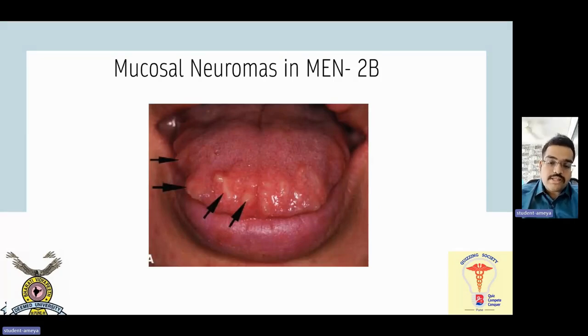MEN4 involves mutation in the cyclin-dependent kinase CDKN1B encoding on chromosome number 12. And the clinical features in MEN4 are similar to MEN1. The similar clinical features are pituitary as well as parathyroid adenoma. Now, what is different from MEN1 is ovarian or testicular cancer and renal or adrenal tumor.